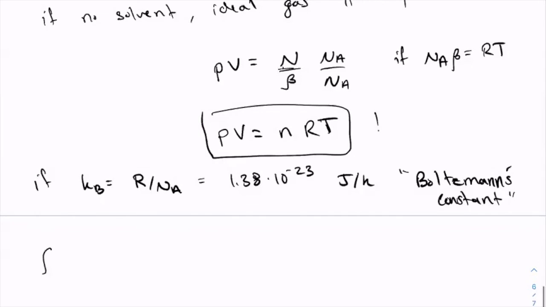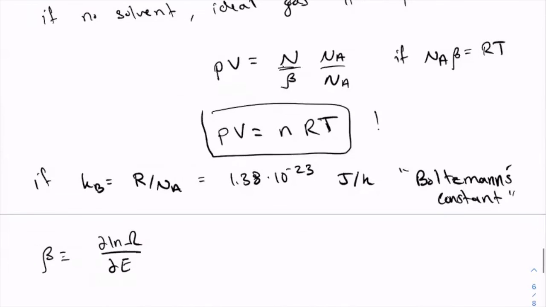And what we've just needed to invoke is that this beta is how the number of microstates change with energy, which if I associate Kb, Boltzmann's constant, with R over Na, what we'll discuss at length is that beta is 1 over Kb T. So this beta, how the number of microstates change with energy, is somehow related to temperature.